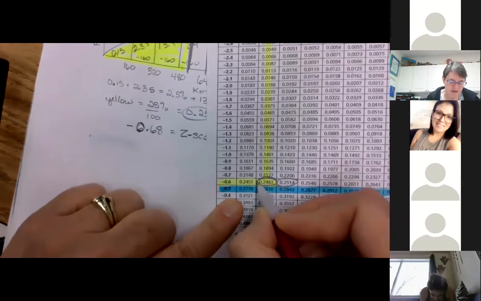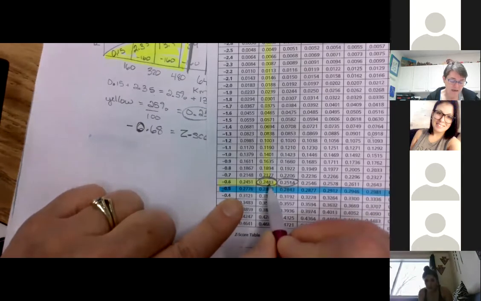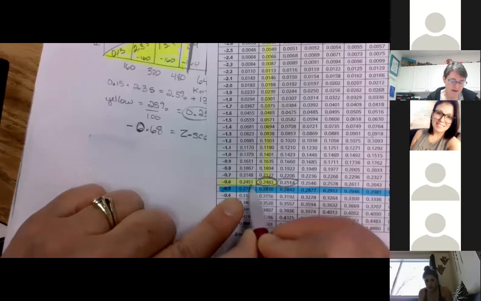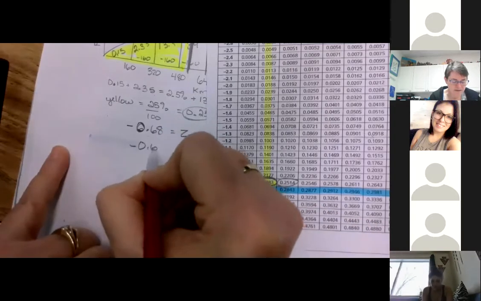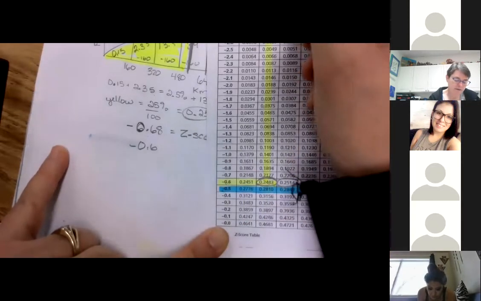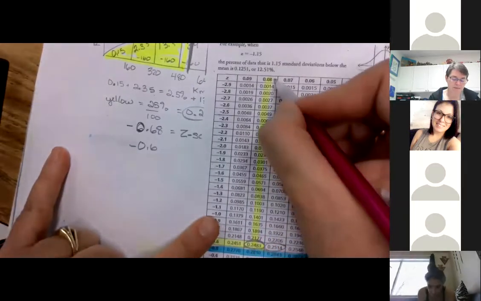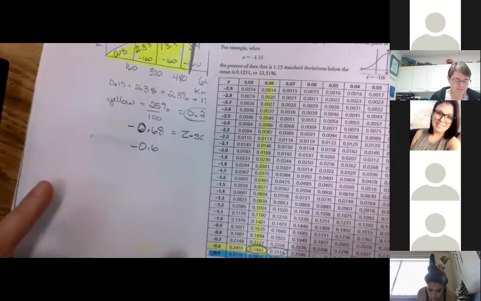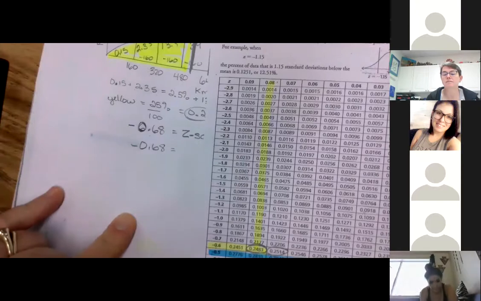That's the closest I'm going to get to 25% without going over, or 0.25 without going over. So then I need to read backwards. I get my first number, negative 0.6, from here. And then I go up and grab my last digit from up here. And that gives me my Z-score.